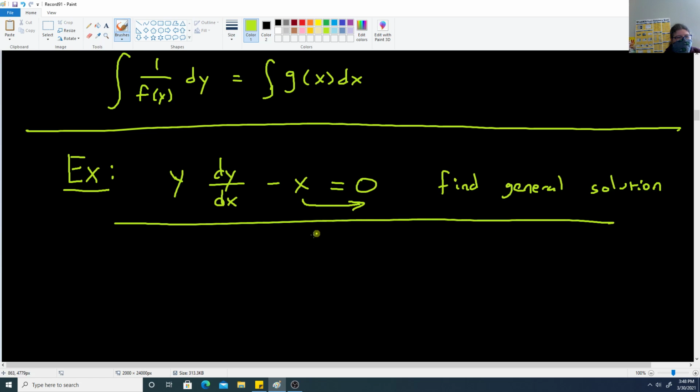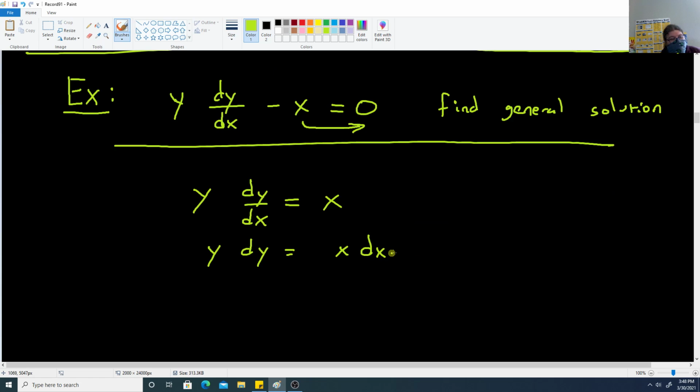I'm going to move the negative x over. The dx, I can kind of multiply across. Technically it's not really multiplying, but you can shuffle it over. And so I have y dy equals x dx. All my y stuff is here, all my x stuff is on the other side, so I can integrate both sides.